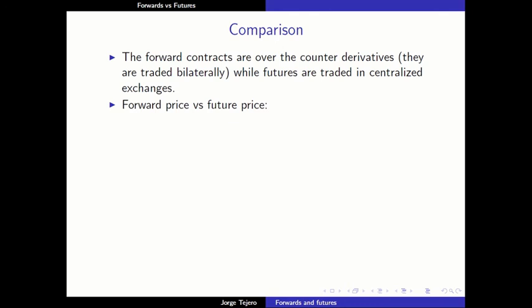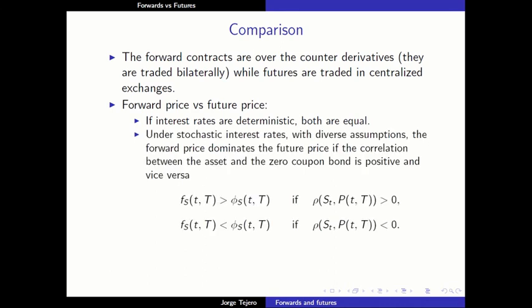With respect to how forward prices and future prices evolve, there are two different scenarios. If we assume that interest rates are deterministic, both prices should be equal, as the T-forward expectation and the risk neutral expectation will lead to the same value.